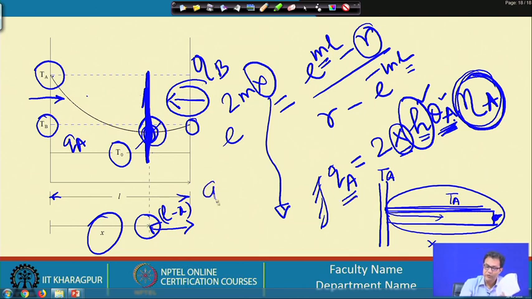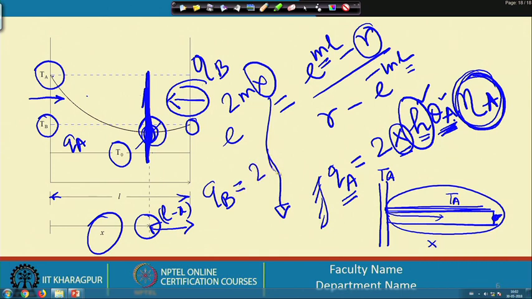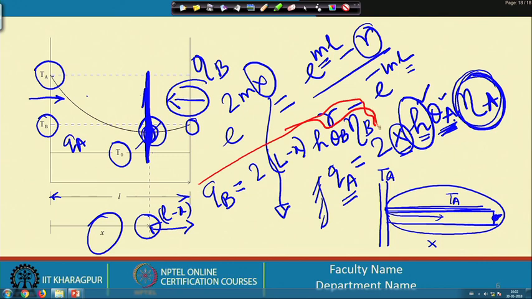Similarly, we would be able to calculate QB, and you will find QB would be twice L minus x into h into theta b, and then you have eta b. So, this is the amount of heat getting transferred from the wall B to the fluid.